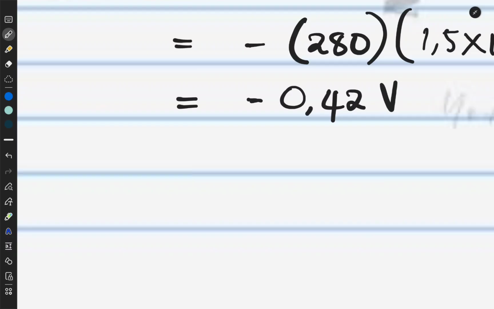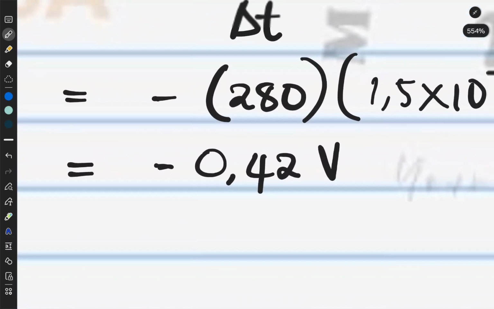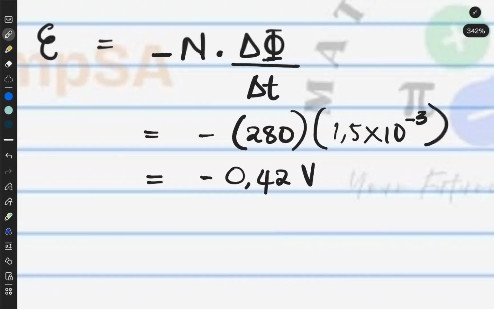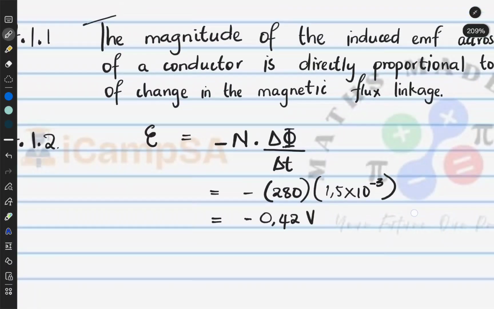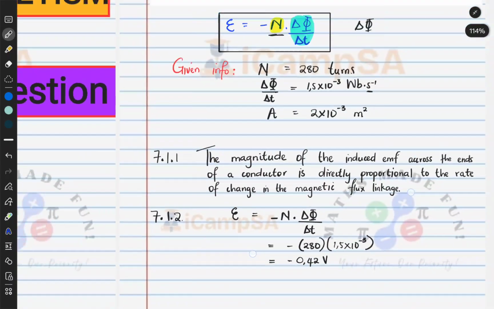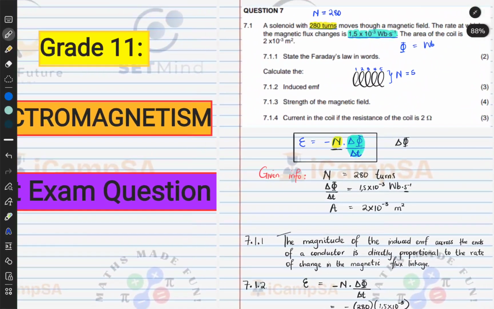In this case, we don't know whether it's increasing or decreasing, but whatever change is happening, the induced current will flow in a direction that resists that change. I keep repeating the same thing, but I hope it drives the point across.